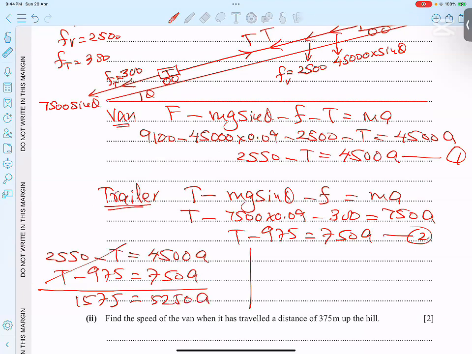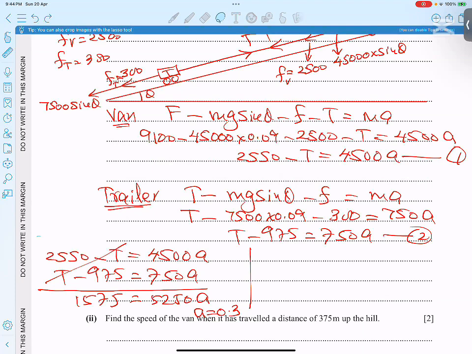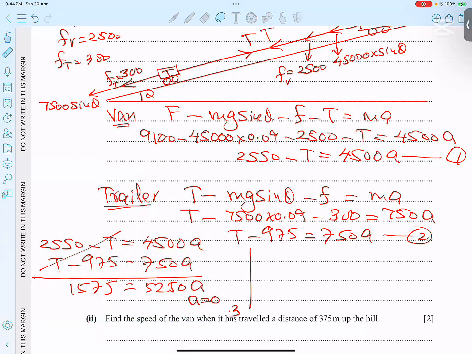So 1575 divided by this. Let me check finally. I got 0.3. So acceleration becomes 0.3 meter per second squared. Let me shift slightly up because I needed some space. So this answer is finally 0.3.